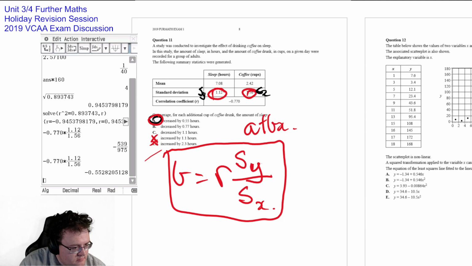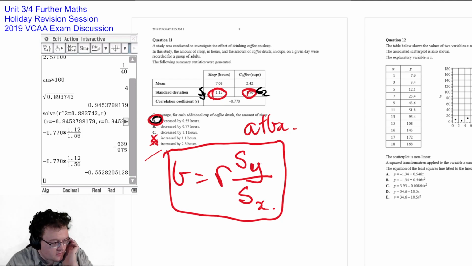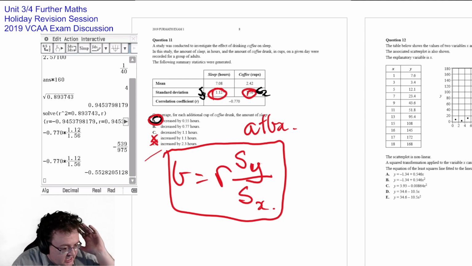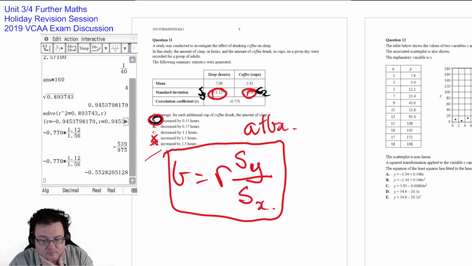That formula is on the back page in the formula sheet, so you'll have access to it. Only 37% of people got that question right. 31% went straight for B, 26% went straight for C. Only 6% of people thought it actually increased. Those people have clearly never drunk coffee.